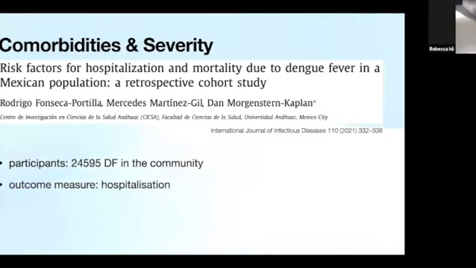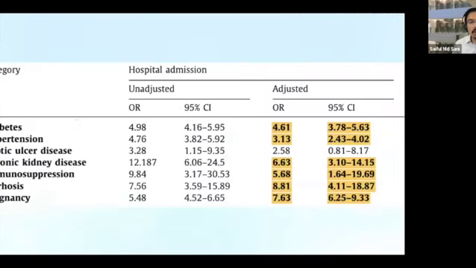A large study from Mexico, quite a recent one as well, looked at 24,000 patients with dengue fever in the community, and they looked at who would end up being hospitalized. And what did they find?